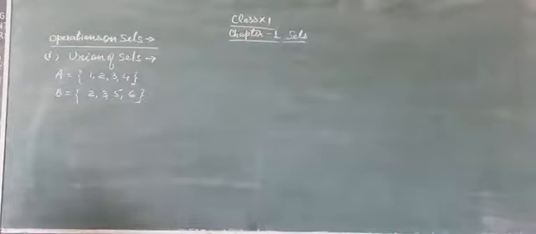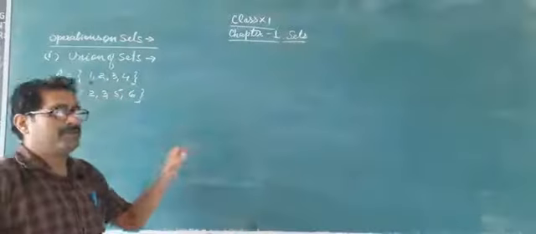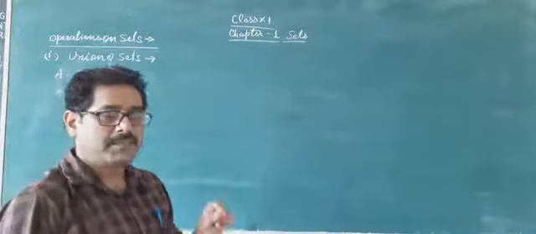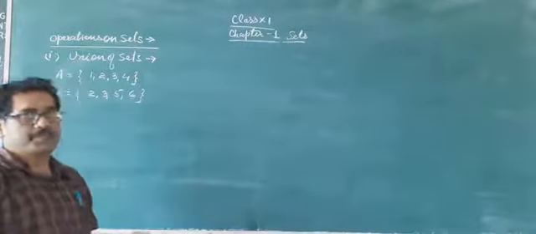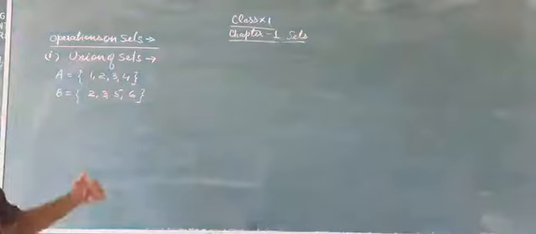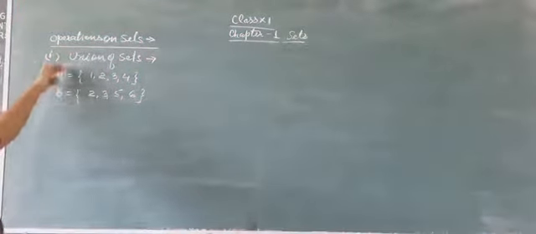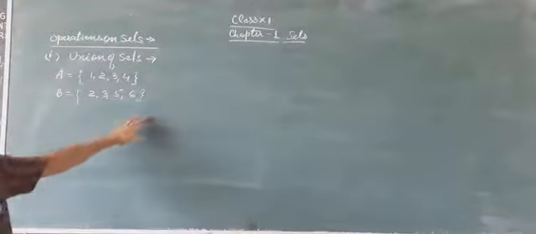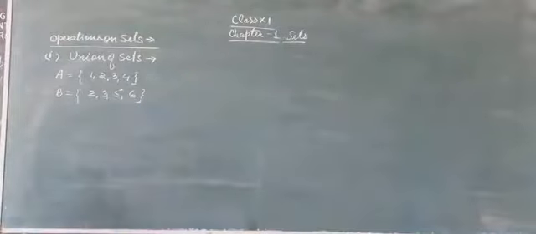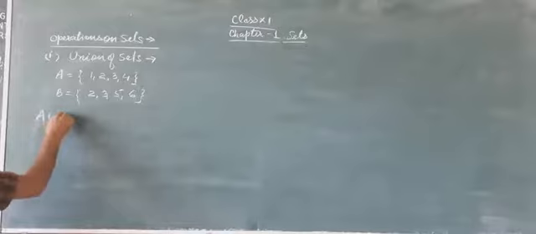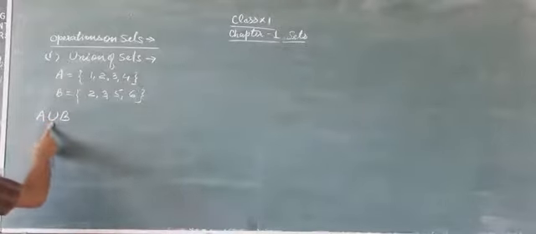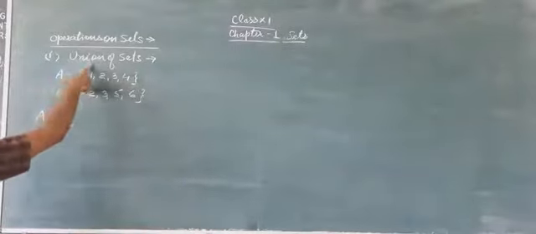So the union of sets means a set in which all the elements of both the sets will lie. So A union B. The U is the symbol of union of sets.